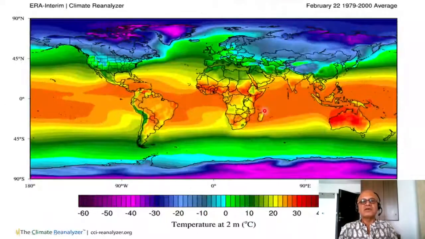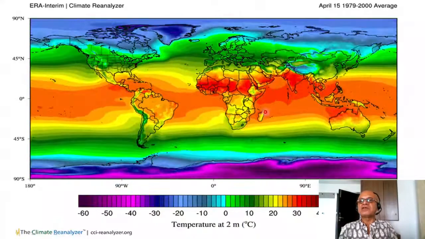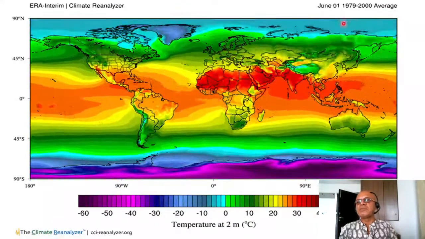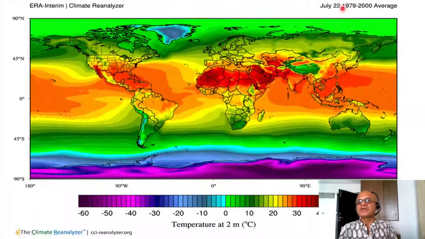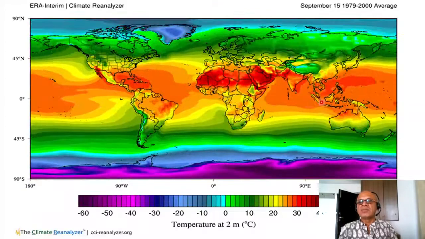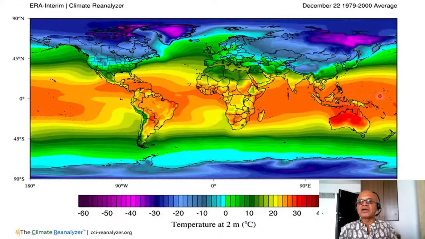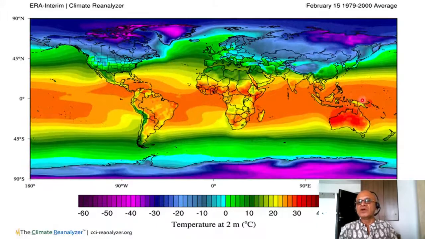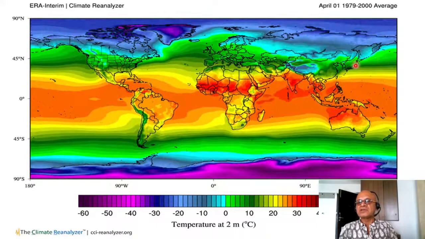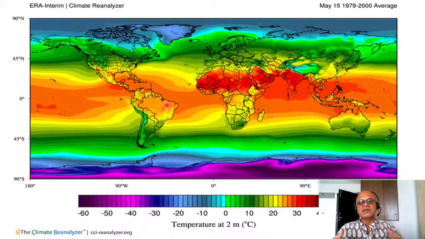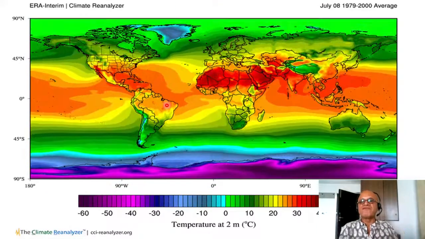So if you look at the seasonal cycle, this is actually showing multiple years, so you have to just watch the time here. But you know that as the sun moves north, the entire warm pool, for example, here moves north with the sun, so you can see that clearly, the entire system moving back and forth.